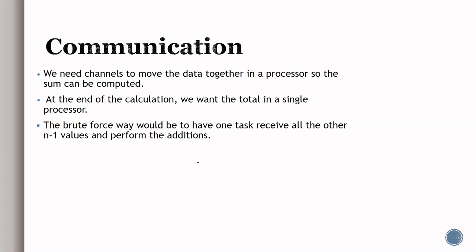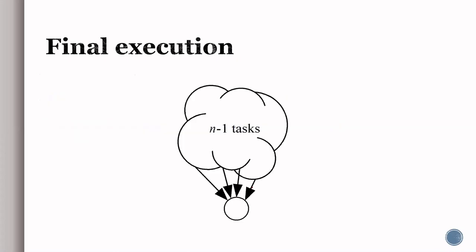So what we are going to do is add a certain set of values in this example. We will try to evolve the parallelization from the bottom up. At the end of communication, we need only one processor to store the final sum. So we have n minus 1 tasks on one side and one task which finally stores the value.